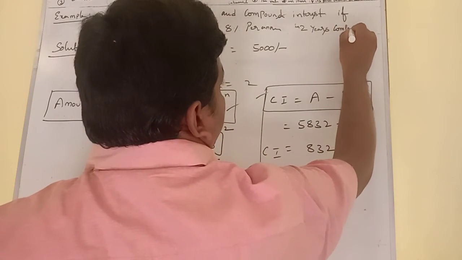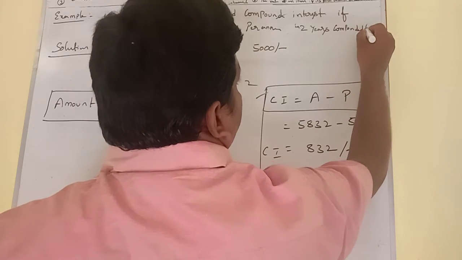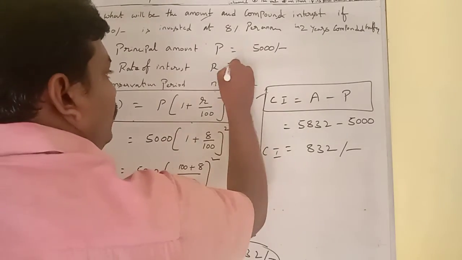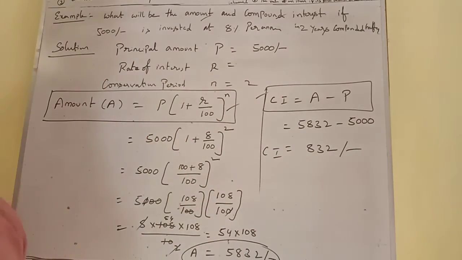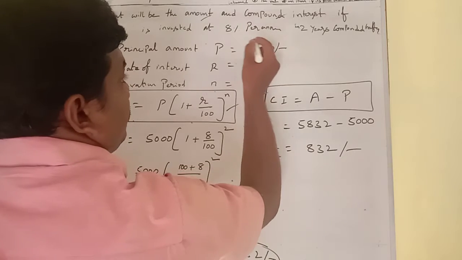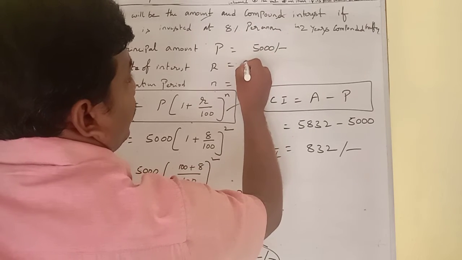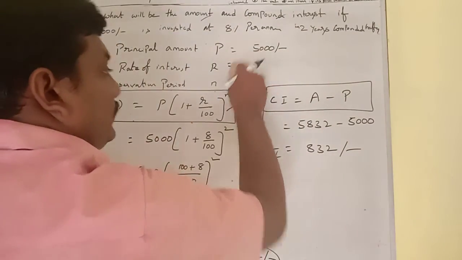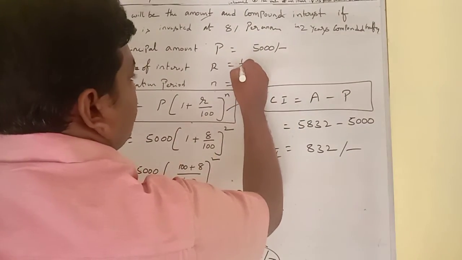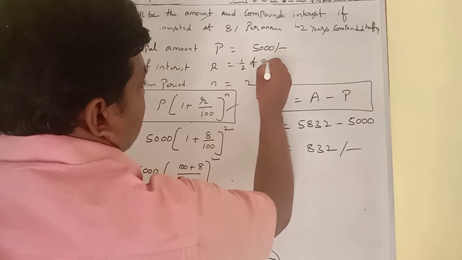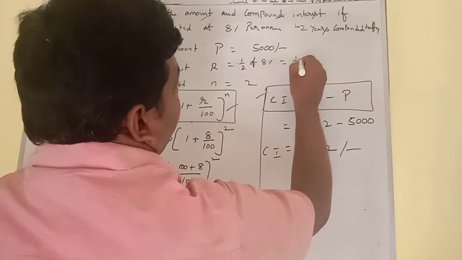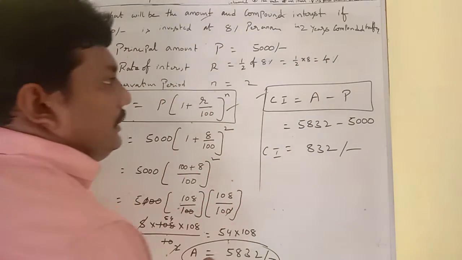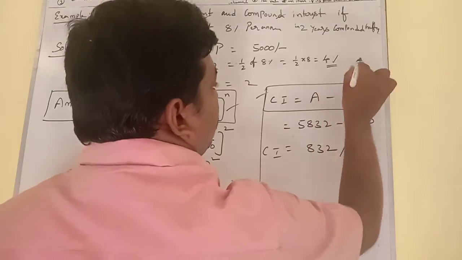How do we calculate this? The rate of interest will become half, because 8% is per annum. So half of 8% is 4%. We are going to calculate with 4%.